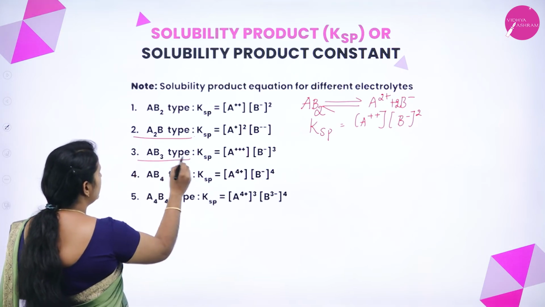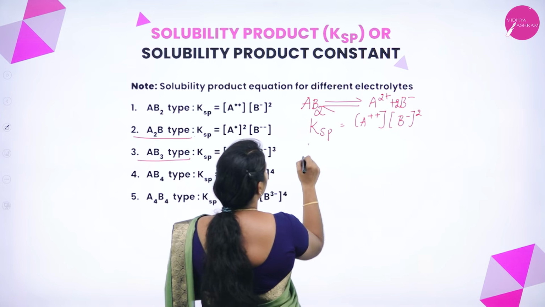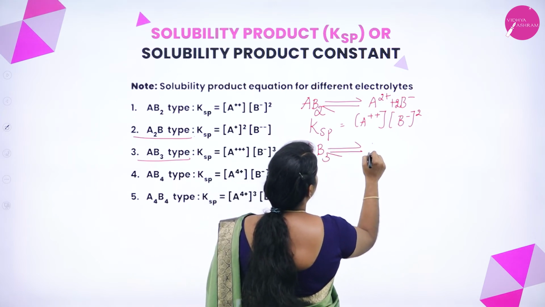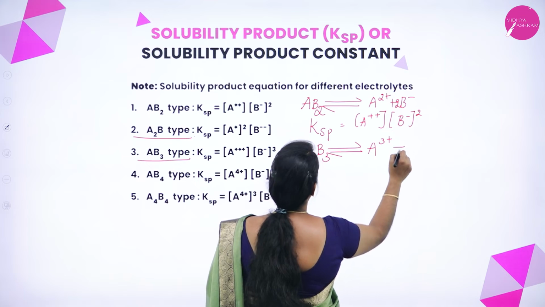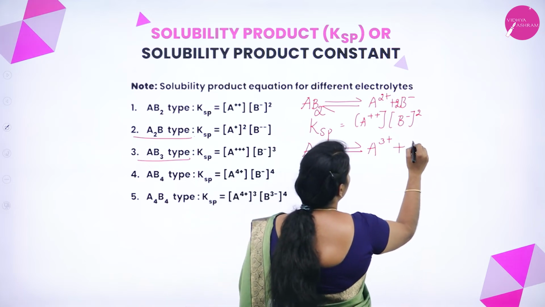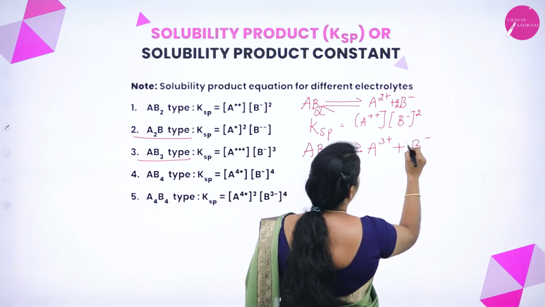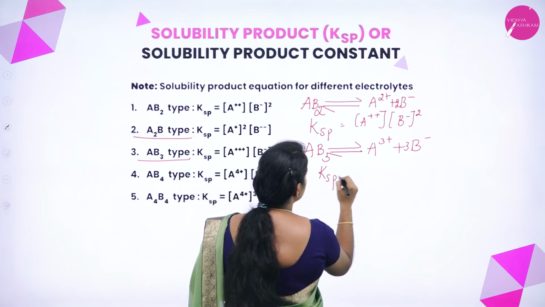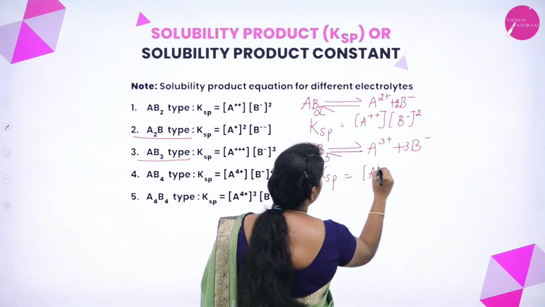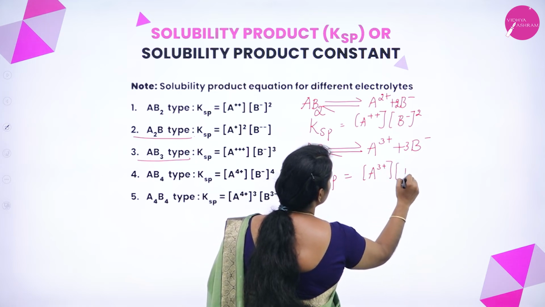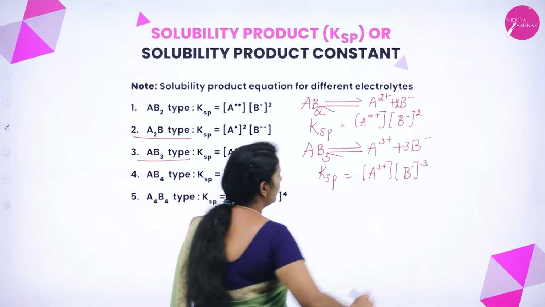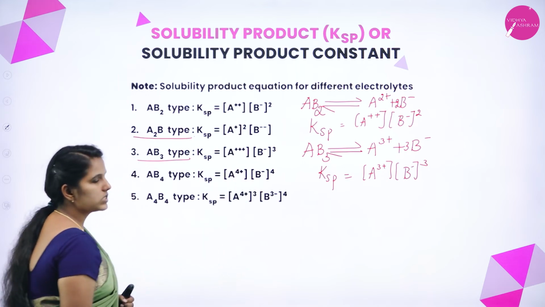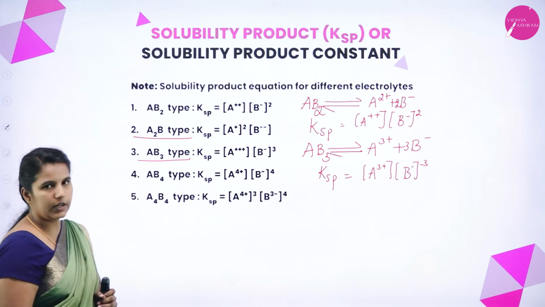Similarly, for AB3 type, we can write: AB3 will be dissociated to give A3+ and B-, and we need to balance it. So, it is 3B-. So, the KSP value for this reaction is the molar concentration of A into the molar concentration of B raised to the power of 3.